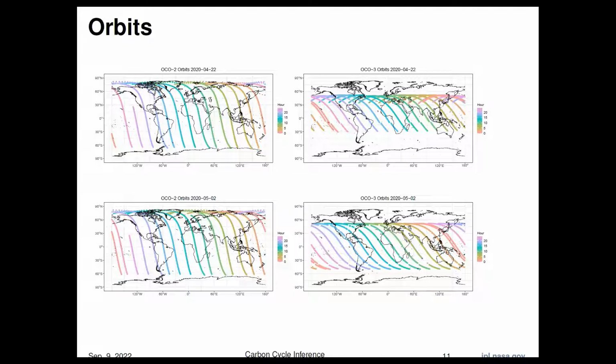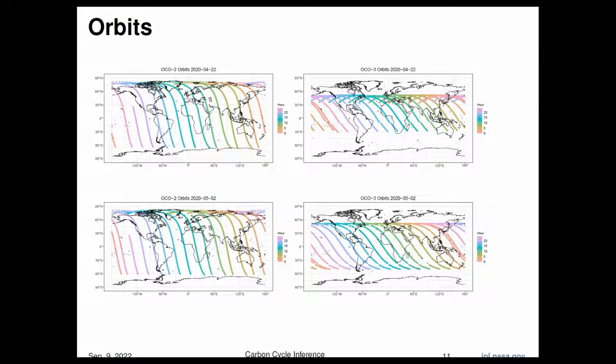OCO3 follows the orbit pattern of the space station, which is a bit more irregular. You can see that it's a so-called precessing orbit, and so it yields a different sort of observing pattern.